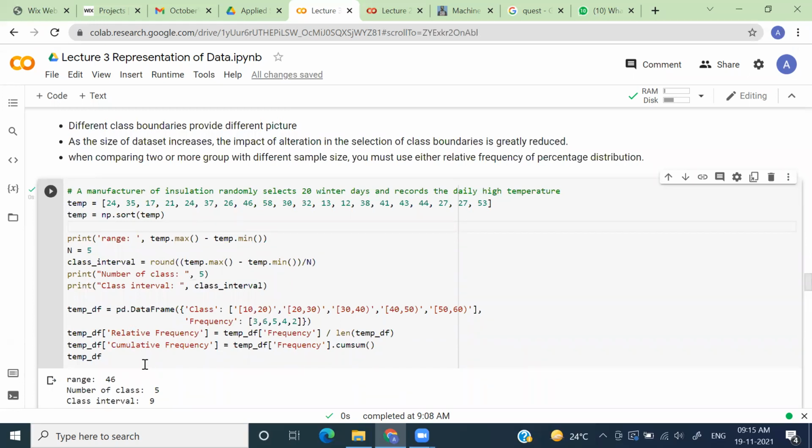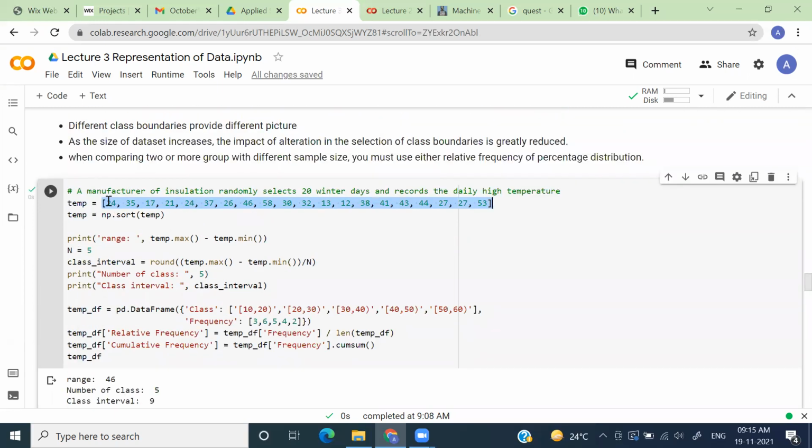I'll explain how this is done. Just understand what a frequency table is. You could have done this entire thing with pen and paper also. In fact, that is what we used to do in high school and college days. But I like to do everything in Python, so I have written a Python code for doing this, though it's very simple.